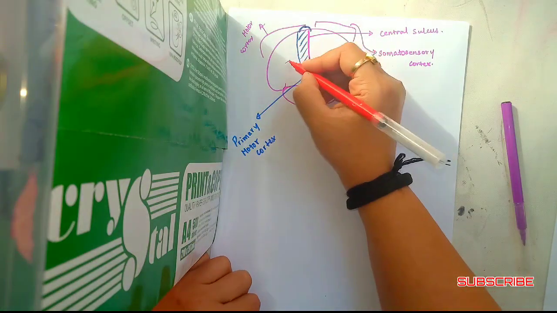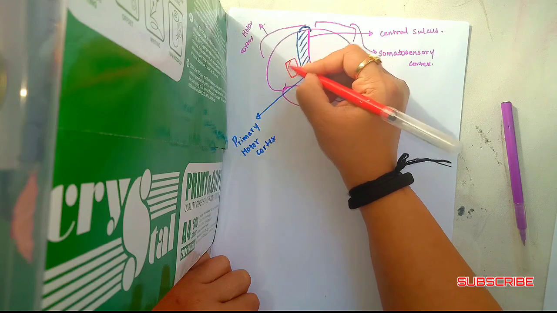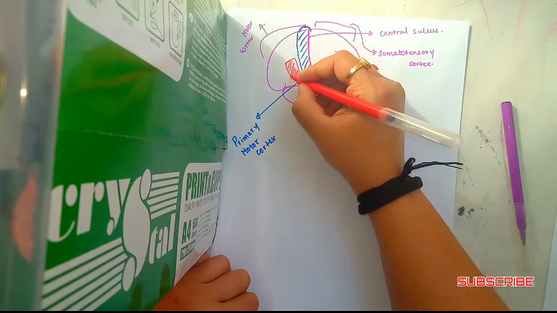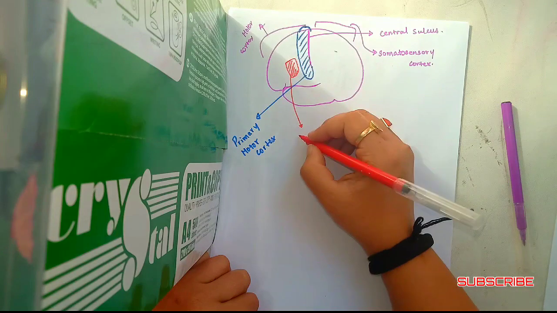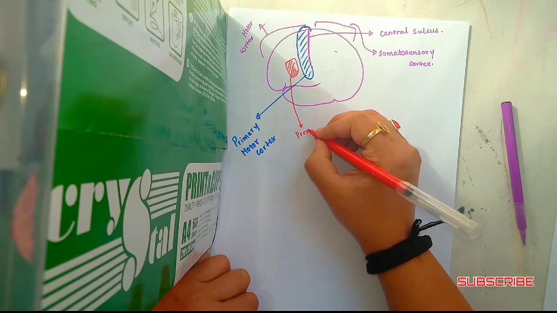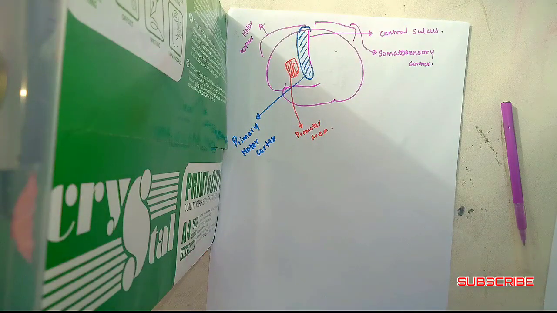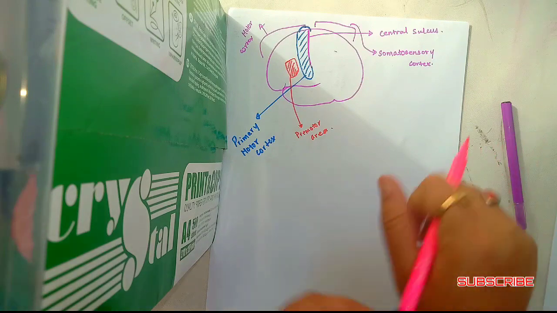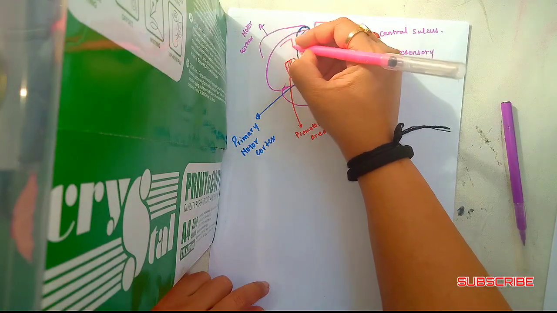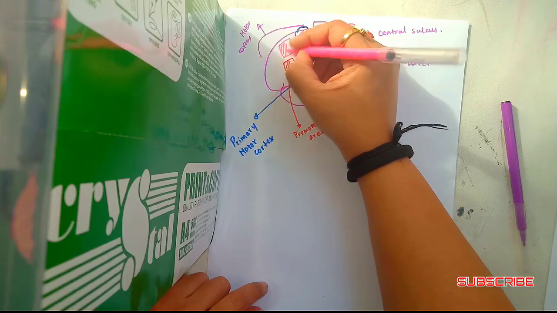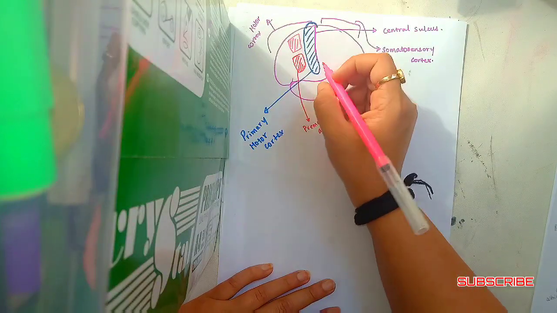After that, this part is known as the premotor area, and the third part is known as the supplementary motor area.